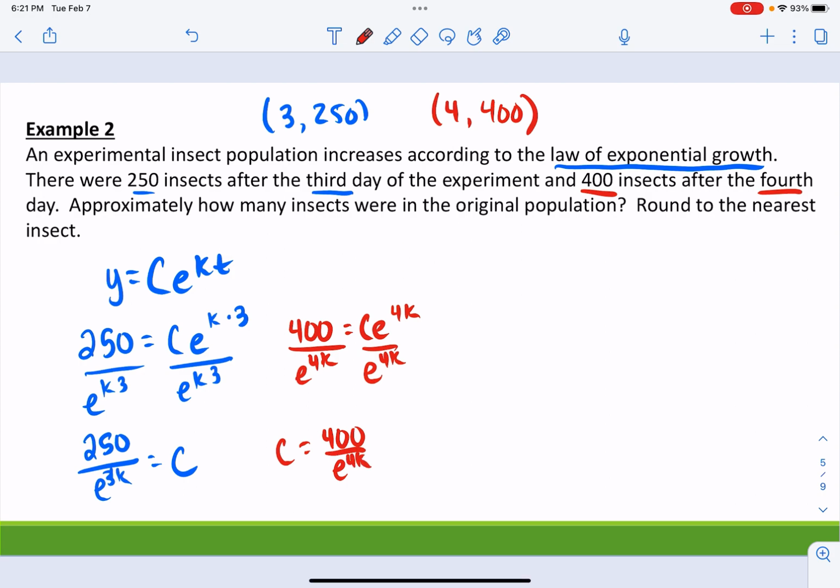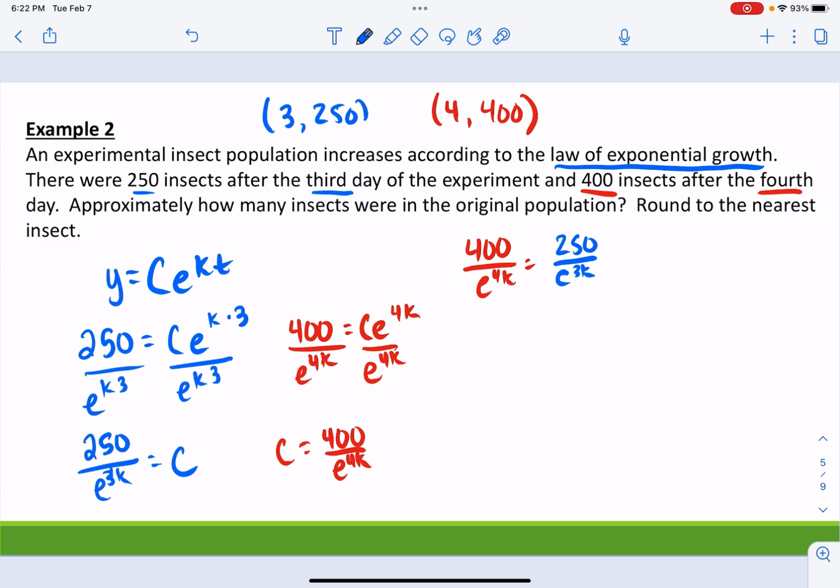So now I plug in and solve. I have them both equal to C, so I have 400 over e to the 4k is equal to 250 over e to the 3k.